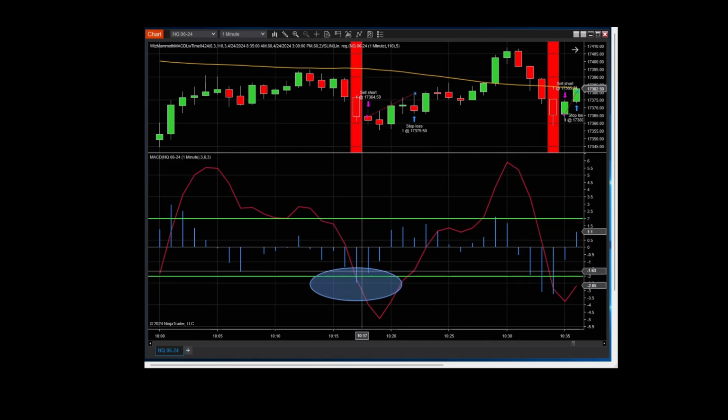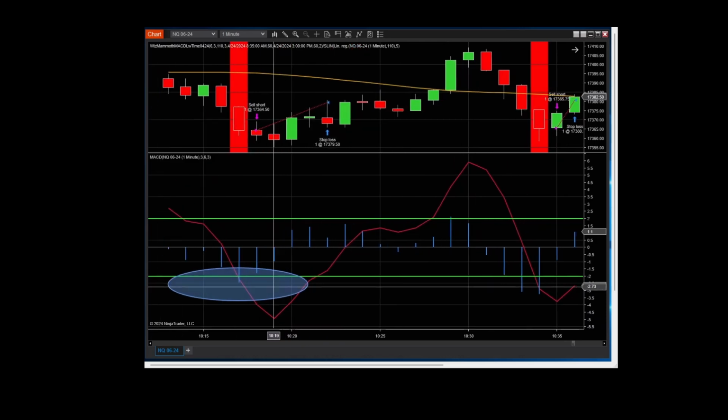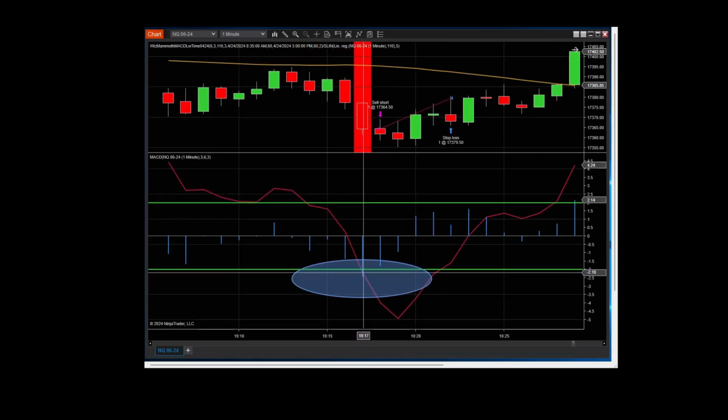This is the entry based on the conditions of the linear regression: the current linear regression is lesser than the previous bar's linear regression. So this condition is met for a short, and also the average line crossed below zero, and the diff is below -2, which is right here. So the short happened and then stopped out.